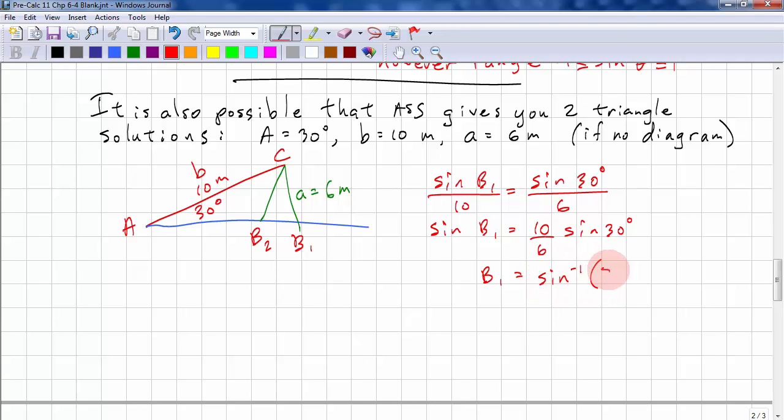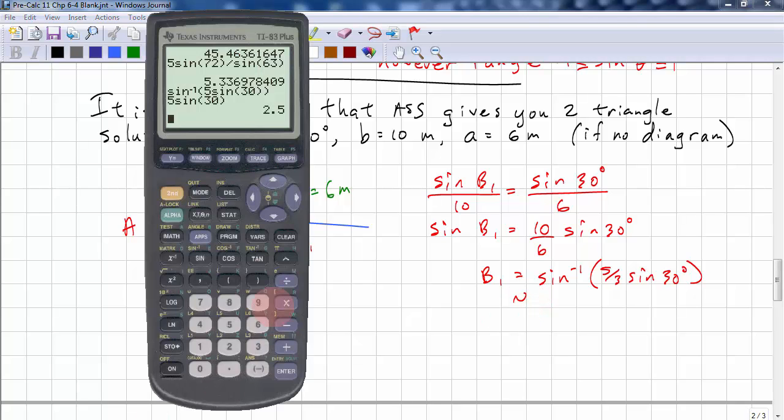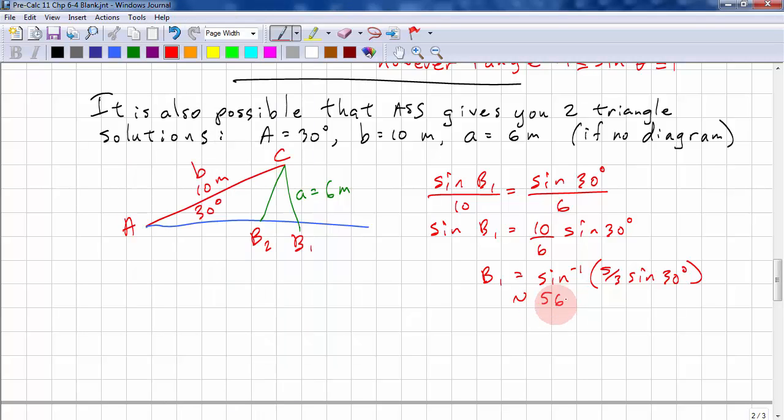This reduces to 5 over 3 sine 30. And this is approximately inverse sine 5 sine 30 divided by 3. And that's 56 degrees.